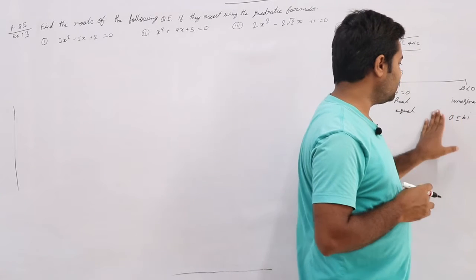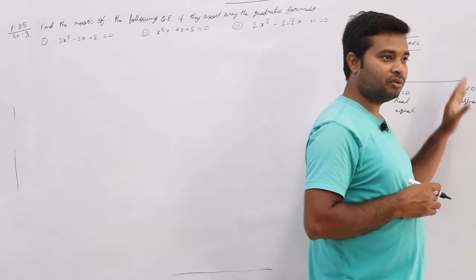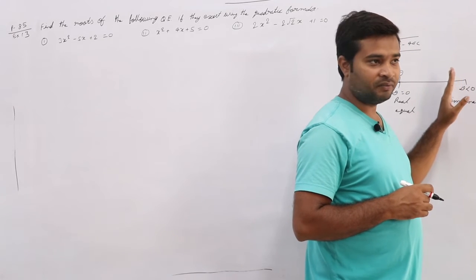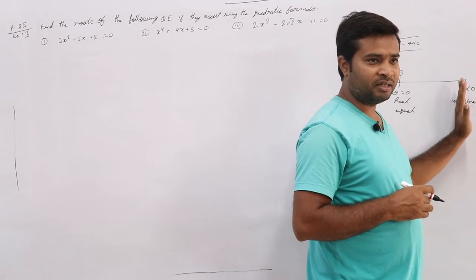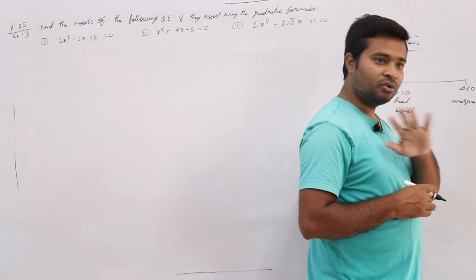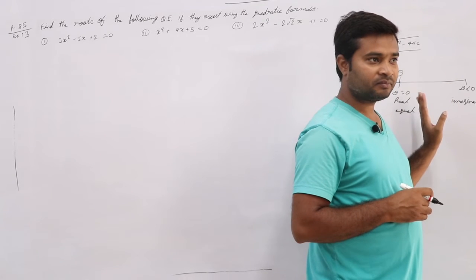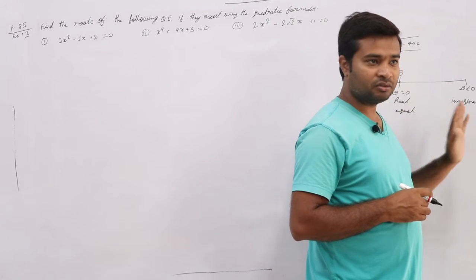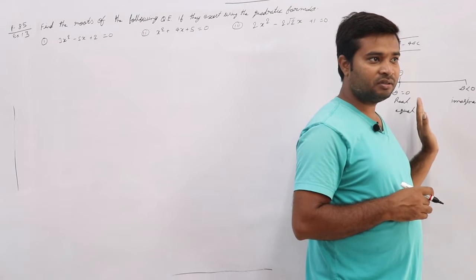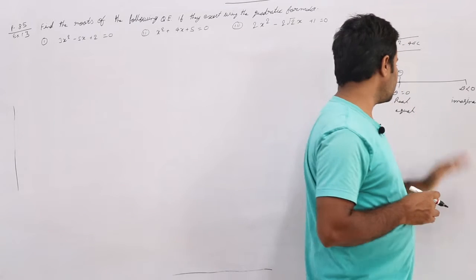But imaginary is not in your syllabus. So if d is less than 0, roots will be imaginary, and in your syllabus we will say roots are not possible. We can't find the roots directly. Understood? Yes or no? So I told you all these things.